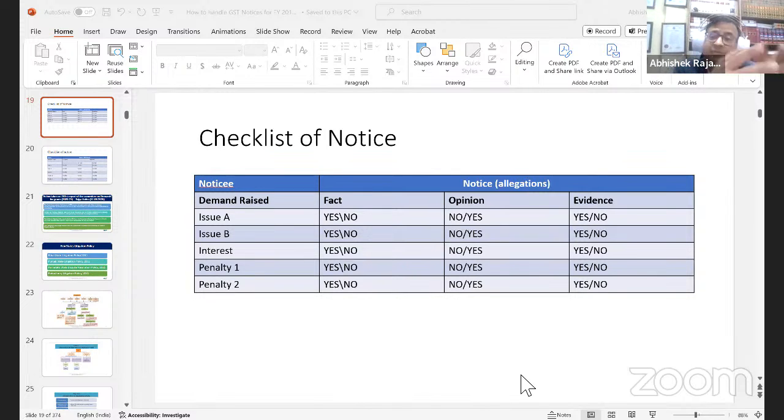Opinion means there is an interpretation issue, where whatever is written in the law, two positions are possible.